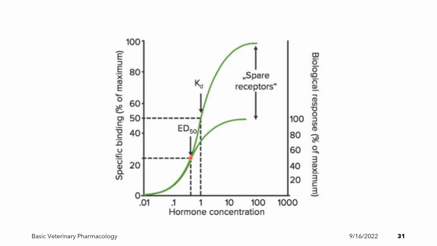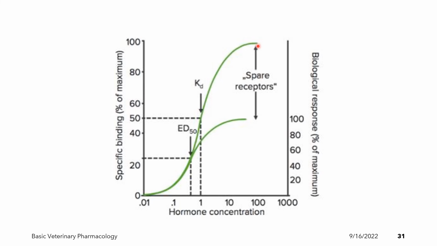The ED50 represents the 50% of the maximal effect. The KD, or the 50% maximal binding, is achieved at this particular dose. As you can see, our ED50 is less than our KD. So we can say that in this particular hormone, the spare receptor exists.